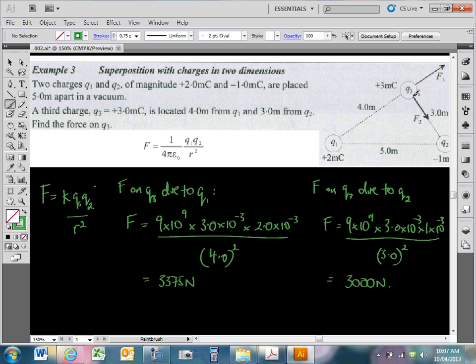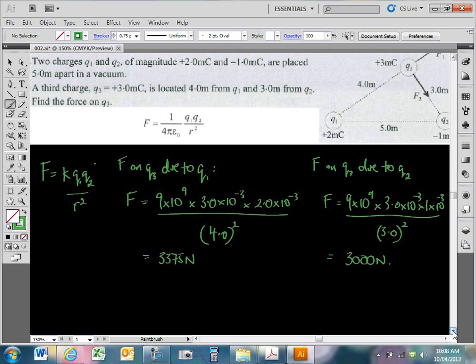Q3 is positive and Q1 is positive, so it's a repelling force away from Q1. That's how we get the direction of those two vectors. Notice they've drawn these vectors relative to each other, this one just slightly larger, the 3,375 newtons compared to the 3,000 newtons. They're probably not proportional, it just shows that one is bigger.